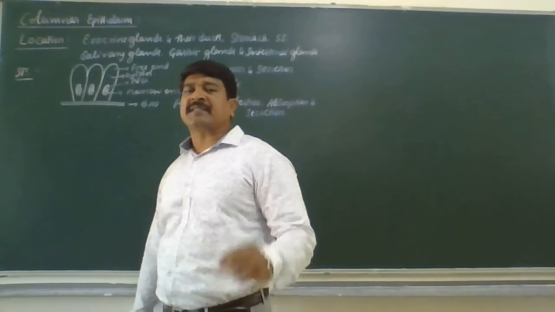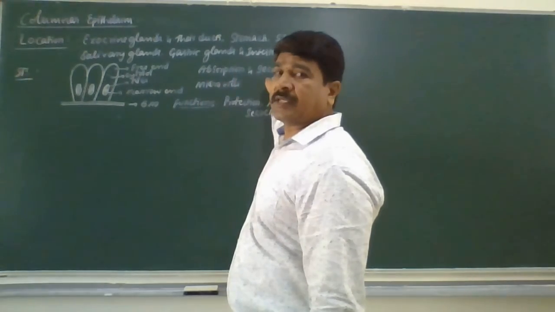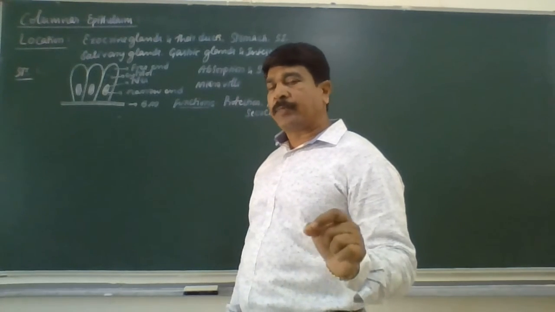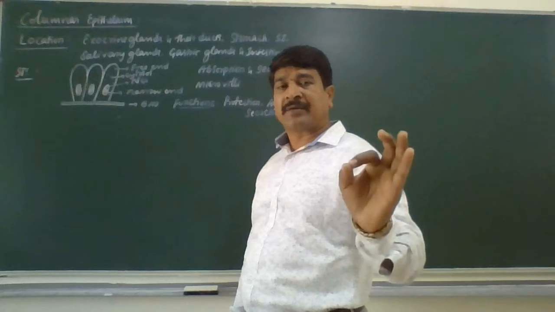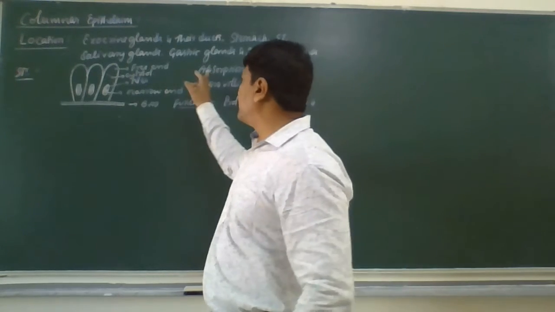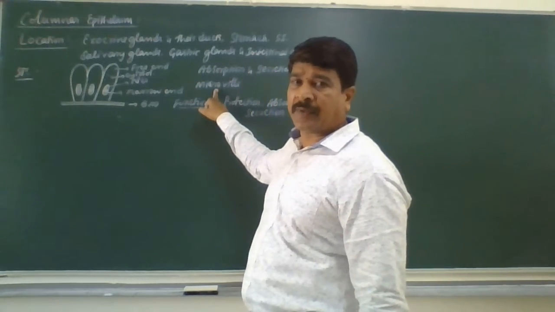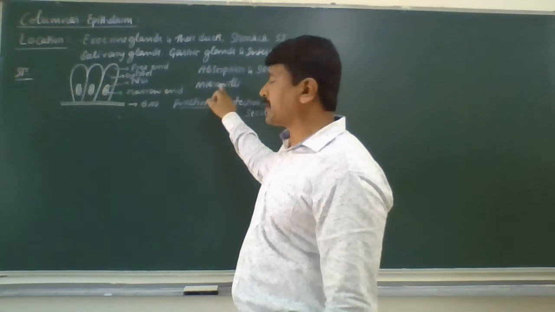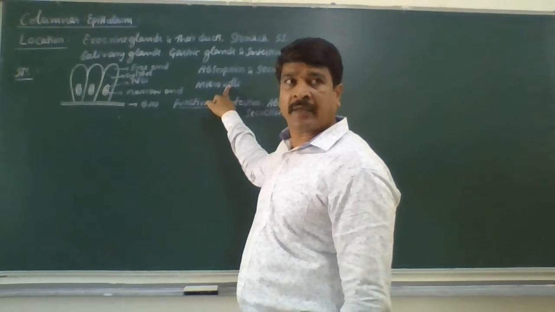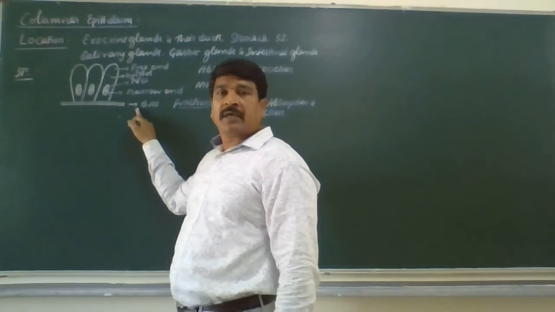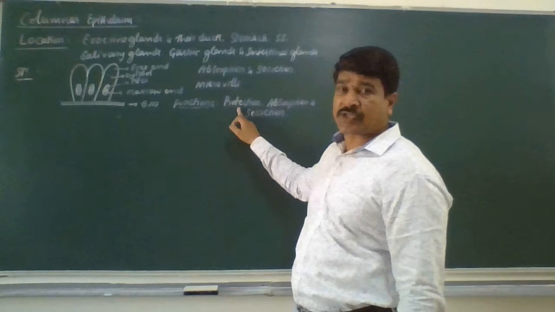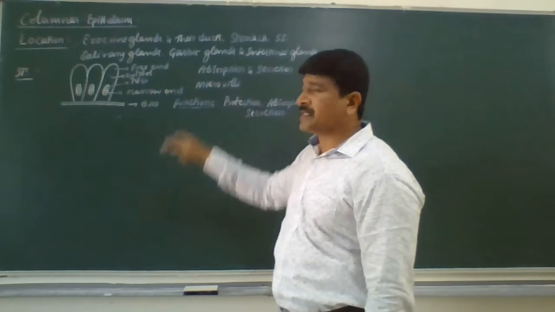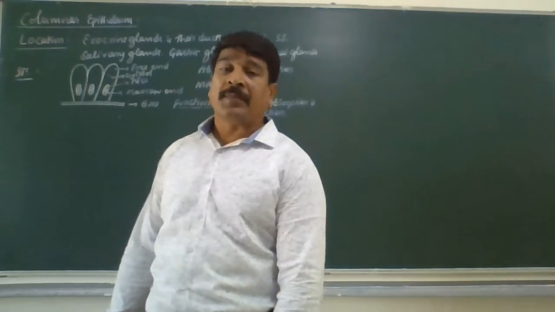This tissue is specialized for absorption as well as secretion. The absorptive cells bear minute microscopic finger-like projections at their broad free ends called microvilli, which form a characteristic brush border. Clear? This tissue is meant for protection, absorption, and secretion. So these are the functions of the columnar epithelium.